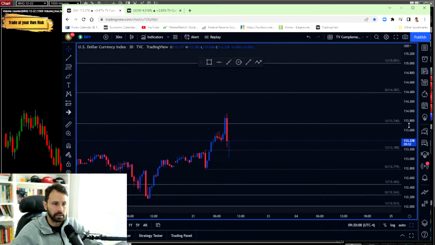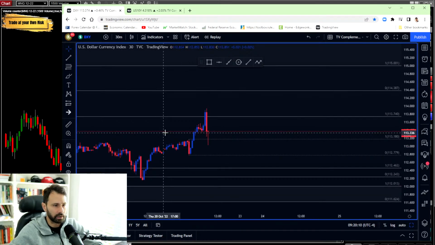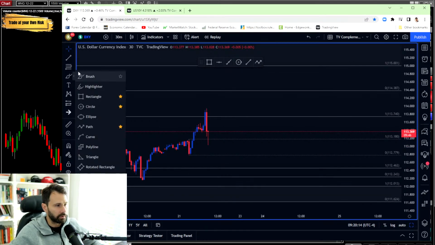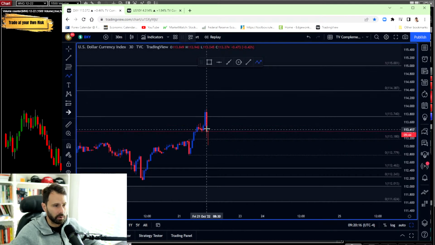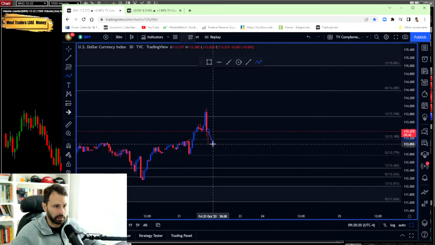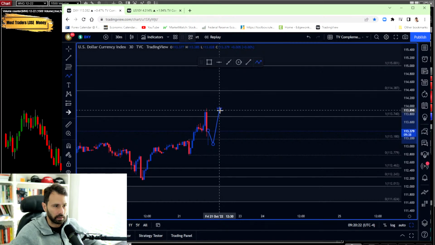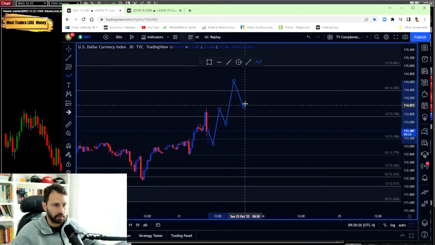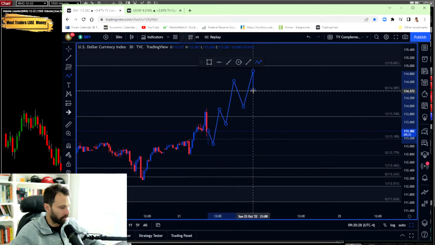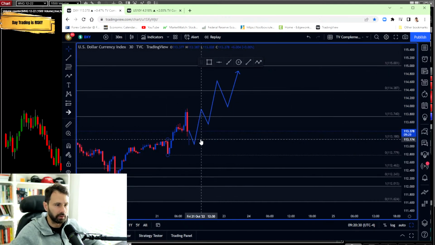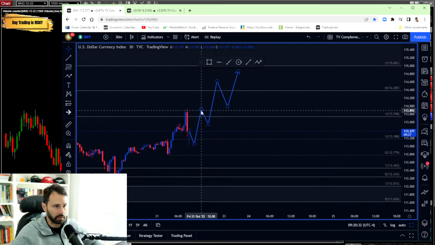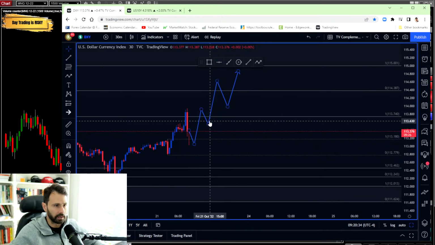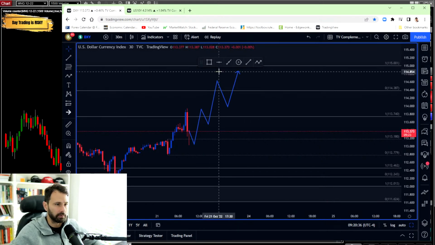My takeaway from this chart today is a few things. We might have this come back here, and a break up. This is one scenario that can be possible today. We come here, we reject this area again, but ultimately we're going to fail through it.